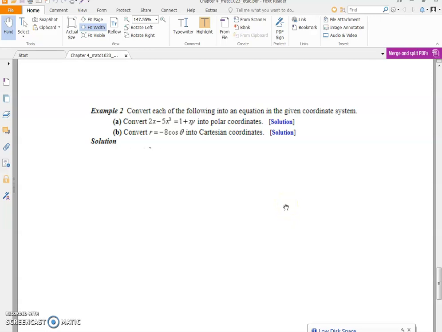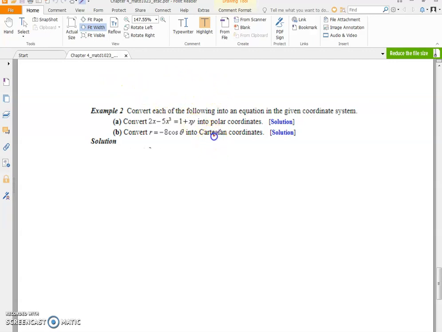Okay, we are now into our last example. In this example, we are no longer discussing points, but now you are given an equation. The first one here is a Cartesian equation, or rectangular.